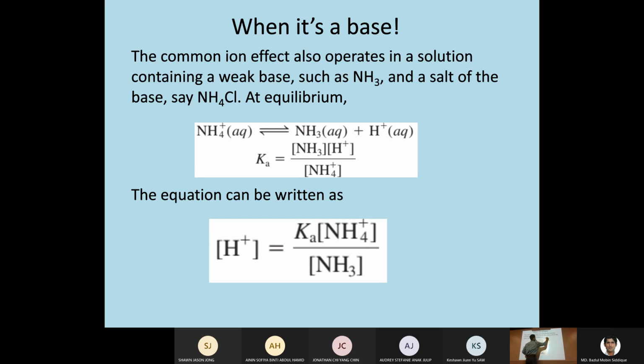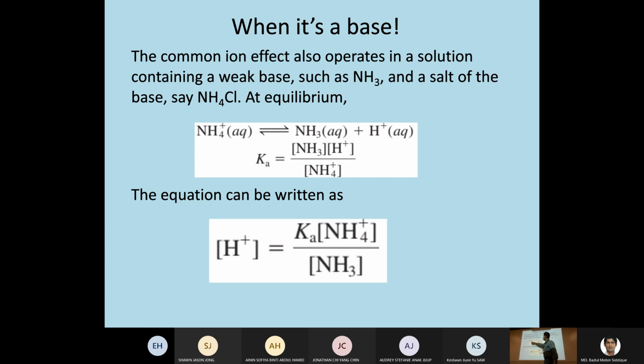This ammonium chloride goes to the water, and because it is a salt, it will dissociate fully. But after being dissociated, this ammonium, because ammonium is a weak acid, goes to hydrogen ion and ammonia. So this ammonia is a base again.